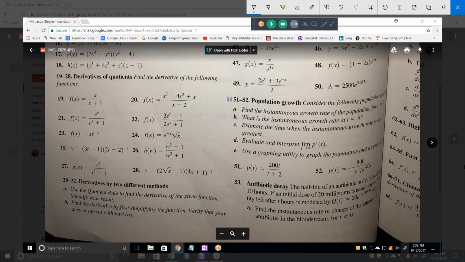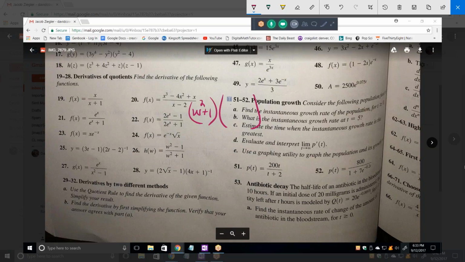Okay, 26. It's already written in good form. So it would be w squared plus 1 and then w squared minus 1.